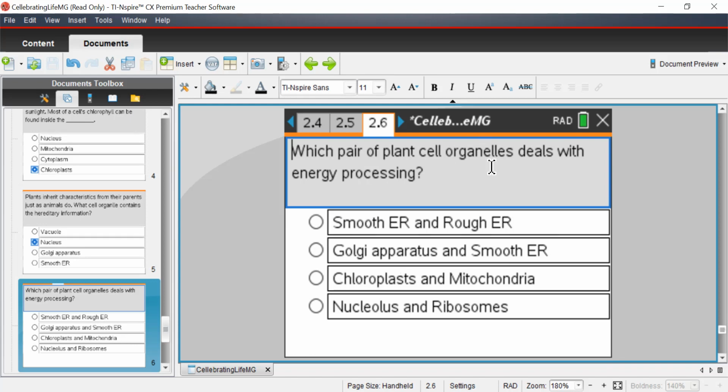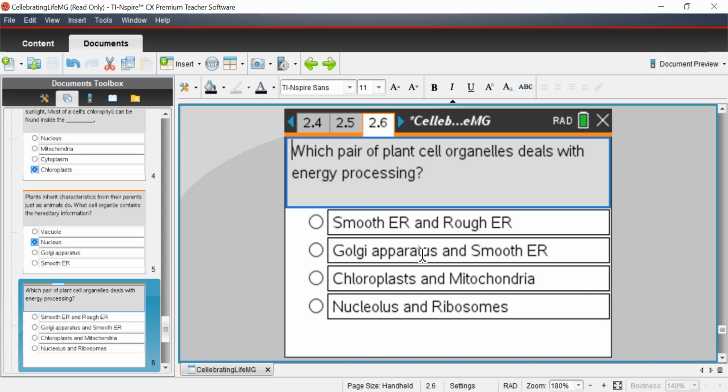Page 6, which pair of plant cell organelles deals with processing energy? Okay, so try to think about that. We've gone over that quite a bit actually. Which one of these is responsible for helping to create energy? Well, smooth ER and rough ER, remember, those were responsible for transportation: rough ER transported proteins, smooth ER, lipids and carbohydrates.